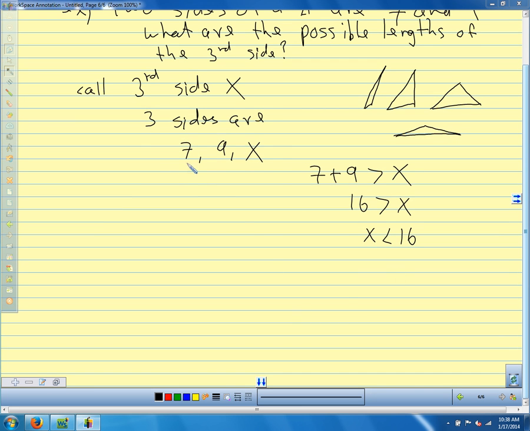Now let's do another side. 7 plus x, another pair, has to be larger than the side we leave out, larger than 9. What do we do to get x by itself here? Subtract 7. So I subtract 7, and I get x is greater than 2.